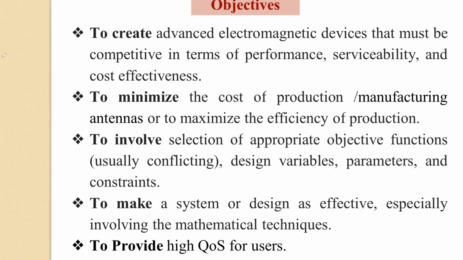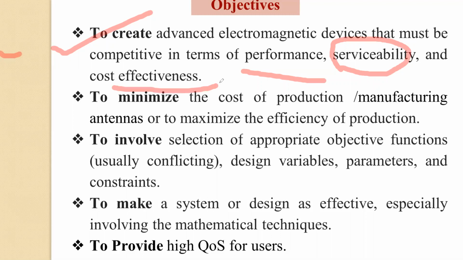First, to create powerful electromagnetic devices, which are helpful in terms of performance, serviceability, and cost effectiveness. Second, to minimize the production cost of manufacturing antennas and to maximize the efficiency also. Clear?